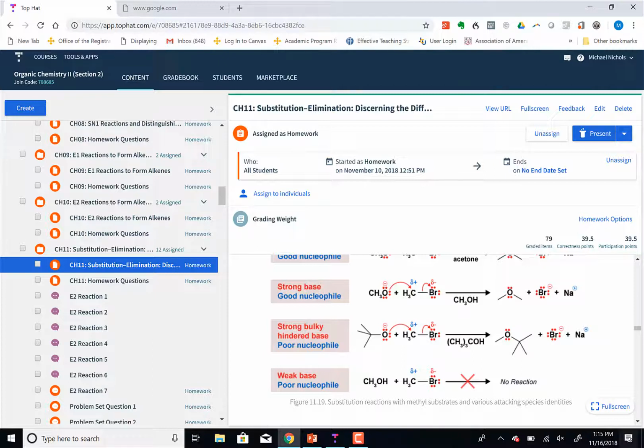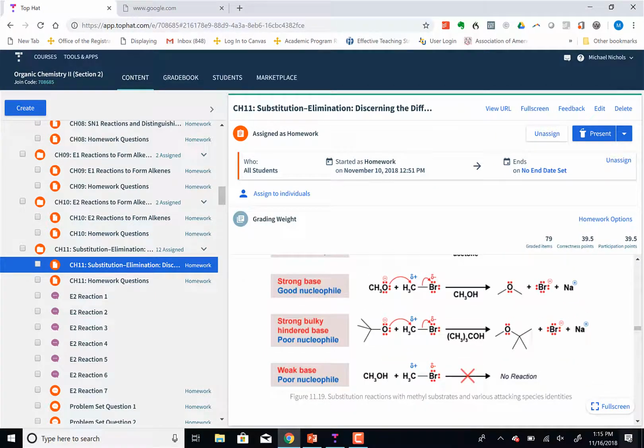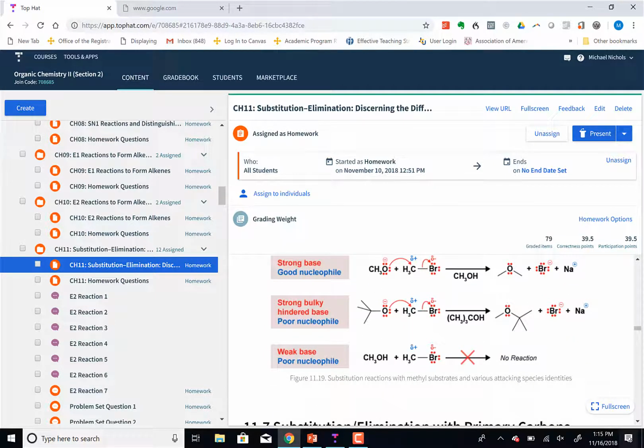Well, except water. Right down here, the last one, I see a big red X because weak nucleophile plus methyl, no reaction. Similar to our weak nucleophile plus primary halide, no reaction. So methyls are more reactive than primaries, but they still won't react with water. They still won't react with neutral nucleophiles.